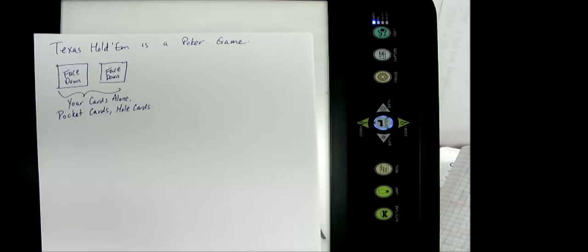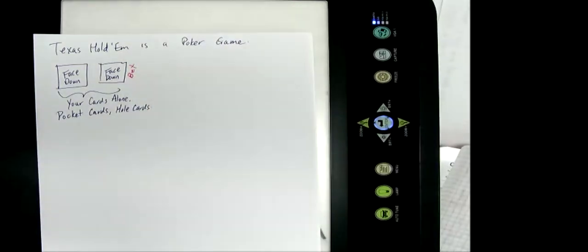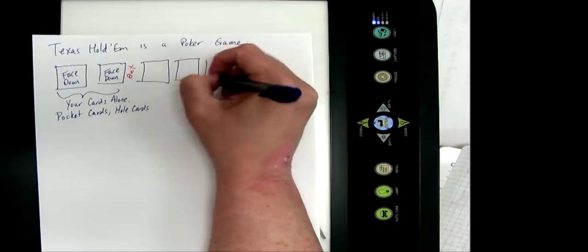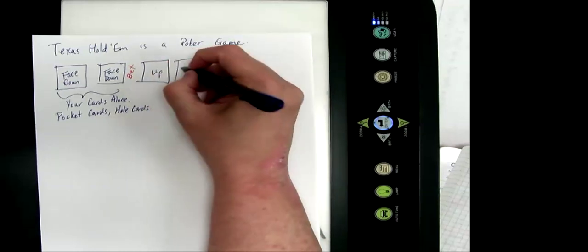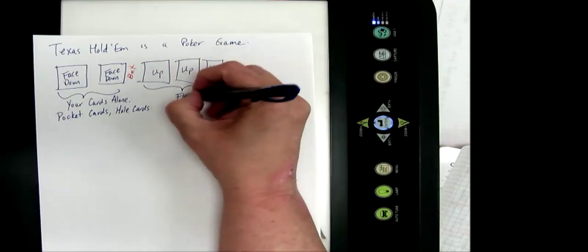From that, then there's 5 community cards that they deal out. There's a round of betting. And then they put up three up cards. Everyone can see them and everyone shares them, and this is called the flop.